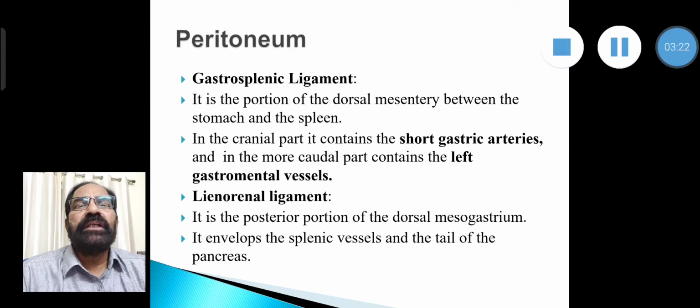It is a portion of the dorsal mesentery between the stomach and the spleen. In its cranial part, it contains short gastric arteries, and in the more caudal part, left gastro-omental vessels. Lienorenal ligament. It is in the posterior portion of the dorsal mesogastrium. It envelopes the splenic artery and the tail of the pancreas.